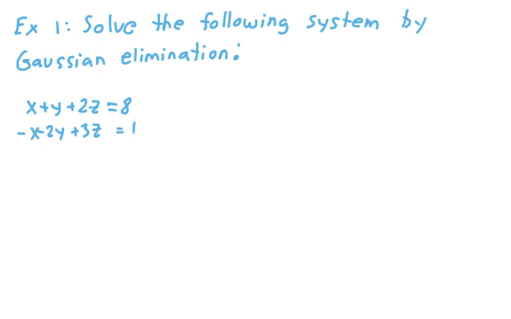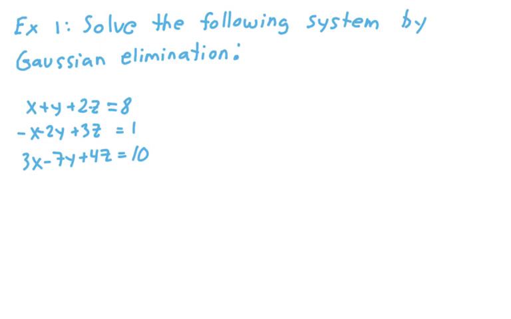And then I have 3x minus 7y plus 4z equals 10.